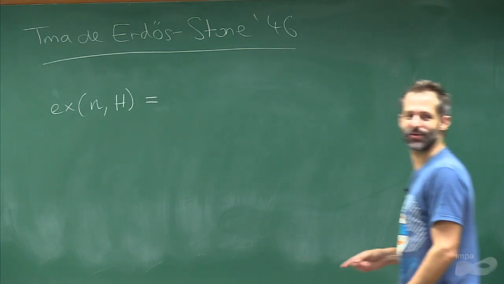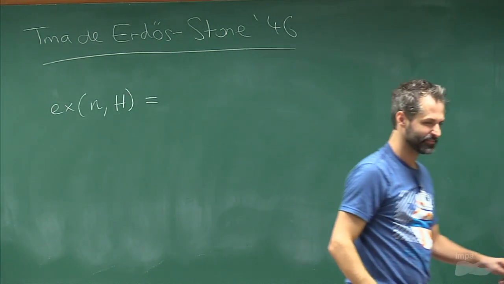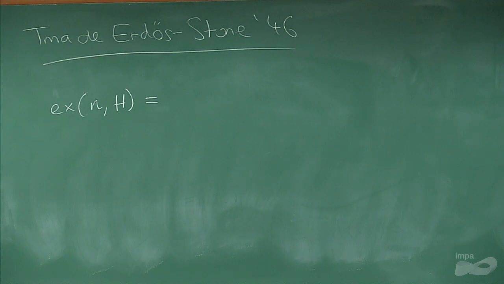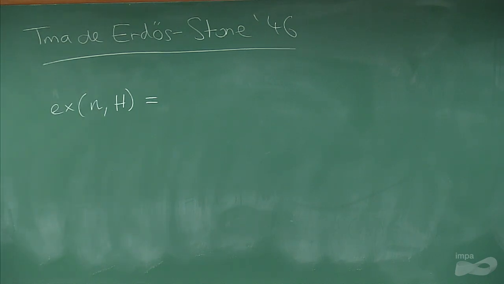Perhaps I'll erase the one that you're not going to use. Can you see how to construct a graph that avoids H with many edges, given its chromatic number? I should write H instead here. I'll change this to H so it's more obvious that's what we're doing.